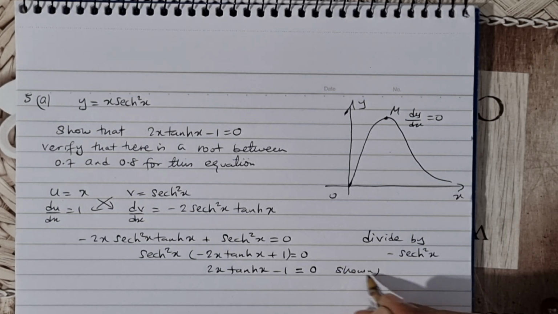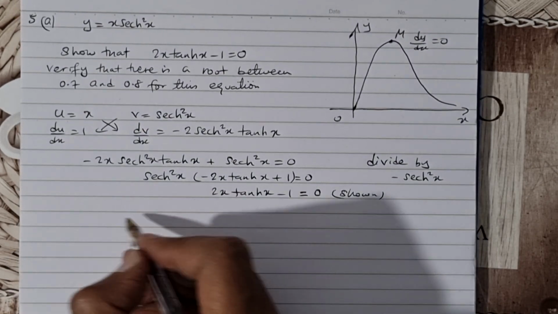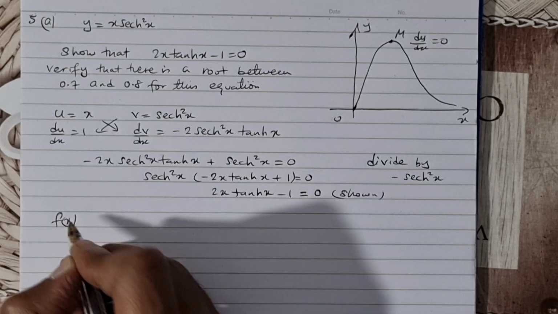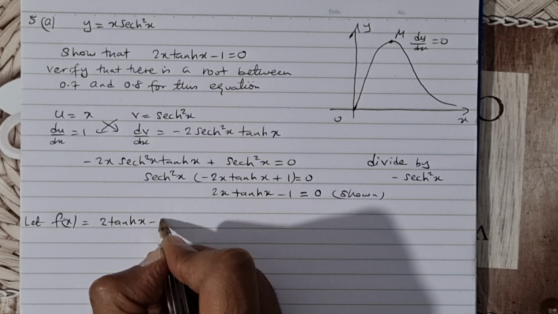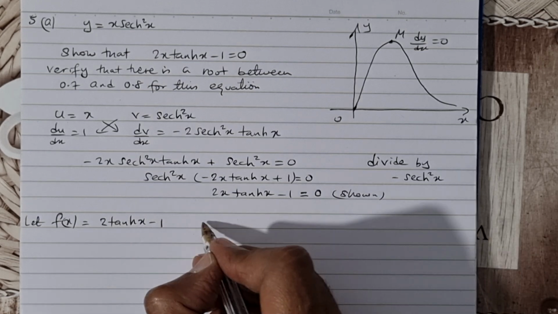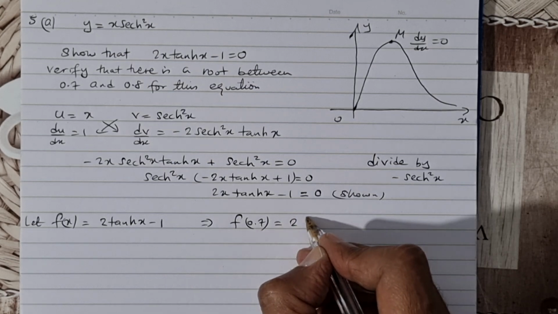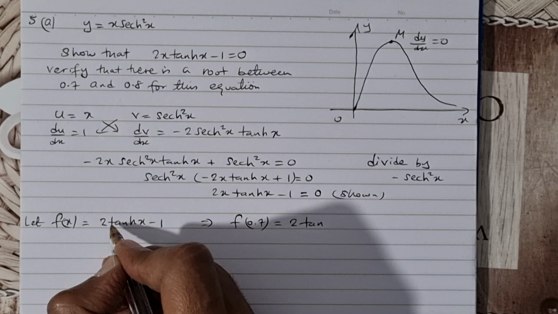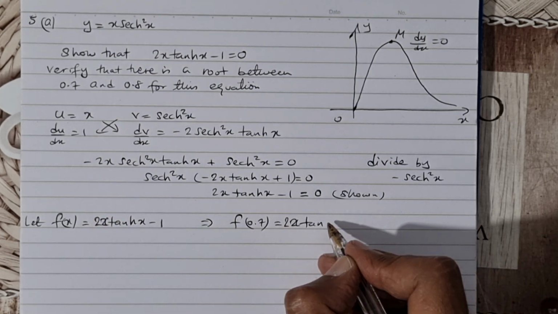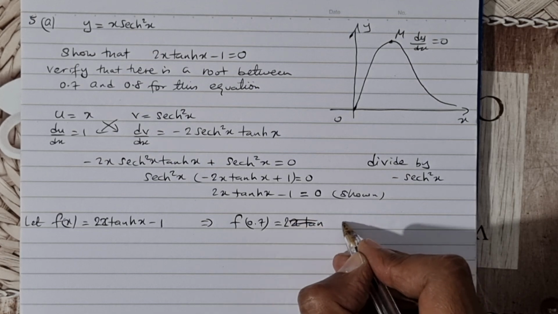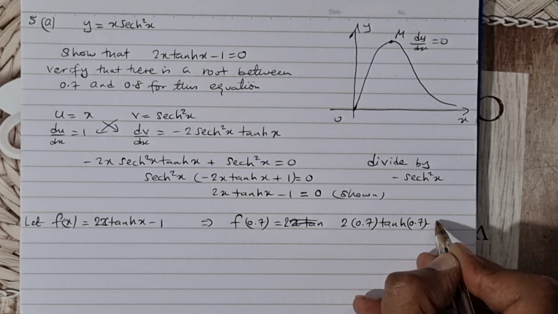Now we need to verify that there's a root between 0.7 and 0.8 for this equation. So let f(x) equal 2x tanh x minus 1. Then f(0.7) is 2 times 0.7 tanh 0.7 minus 1.